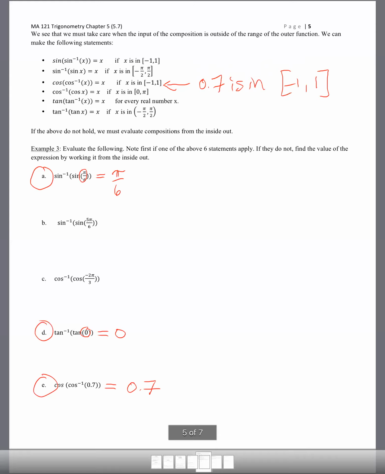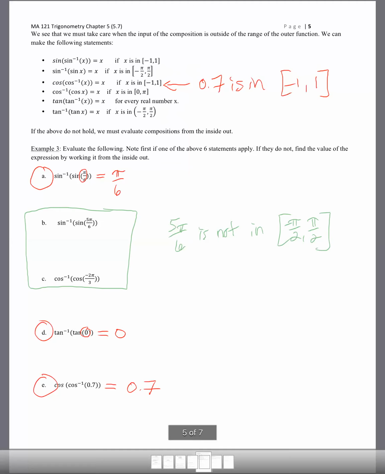But you might notice that B and C are different. You might notice that 5 pi over 6 is not in the interval that we referred to above, this negative pi over 2 to pi over 2 interval. So it's not in negative pi over 2 to pi over 2, so I can't use the above list to evaluate it.